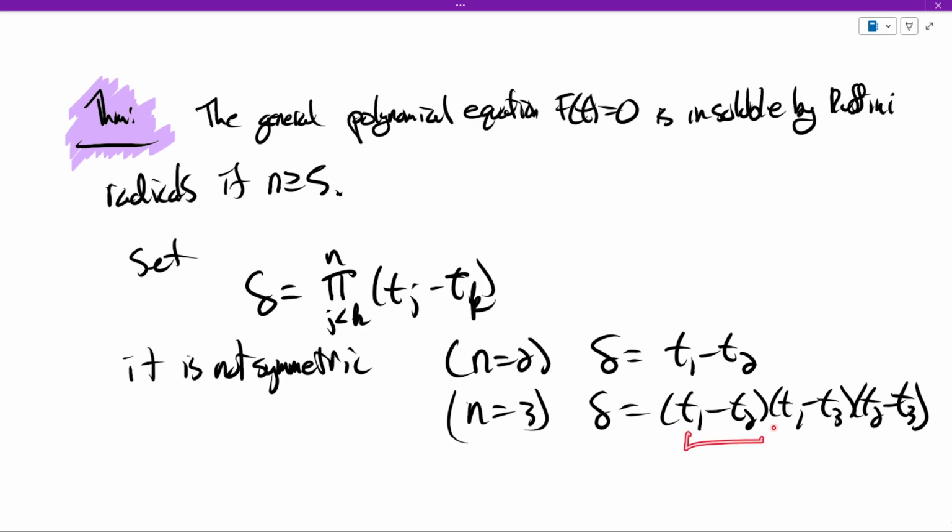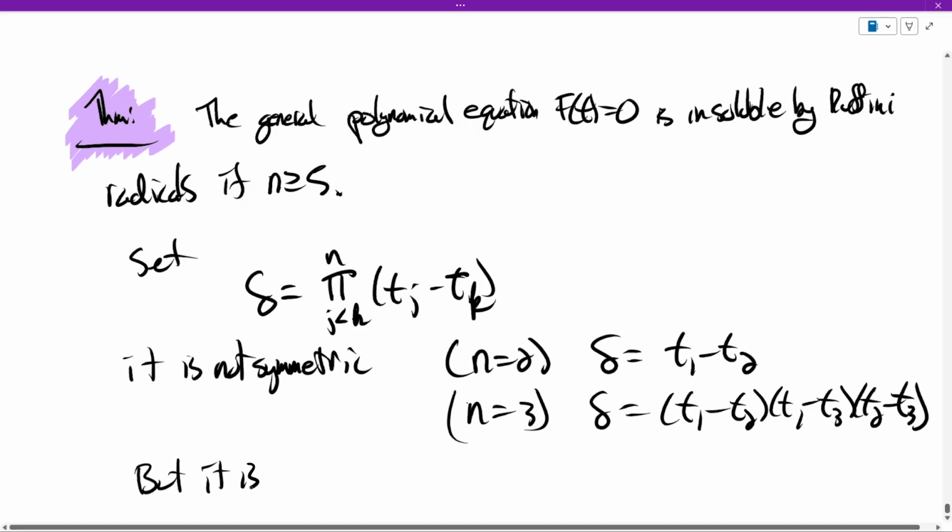An even permutation is a product of an even number of transpositions. Every time you do one swap, you introduce a negative sign, but if you do an even number of swaps, you introduce an even number of negative signs. So it's not symmetric, but it is sort of alternating group symmetric.